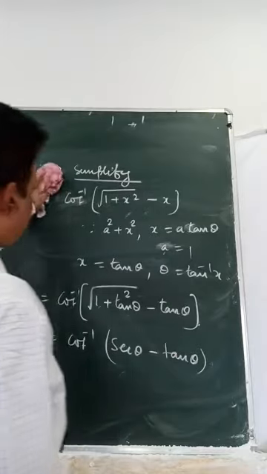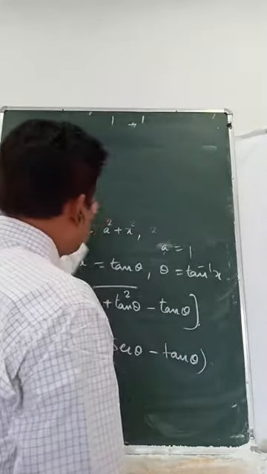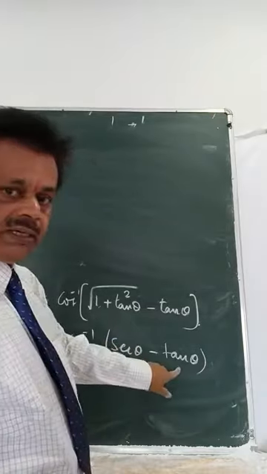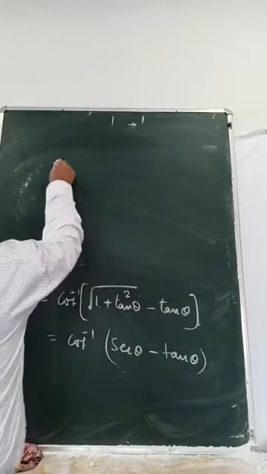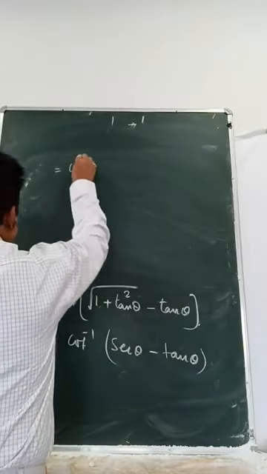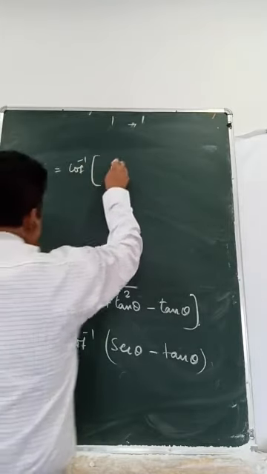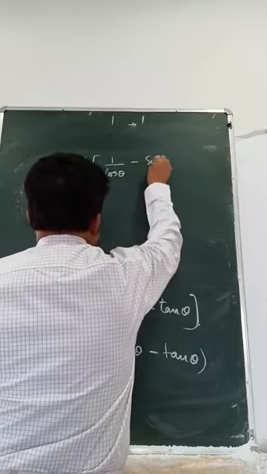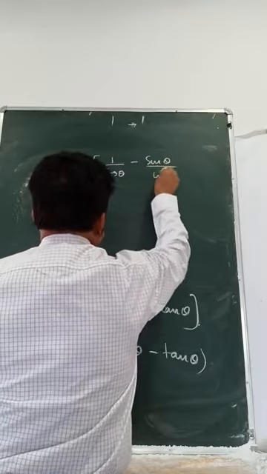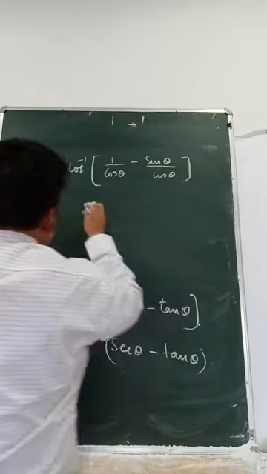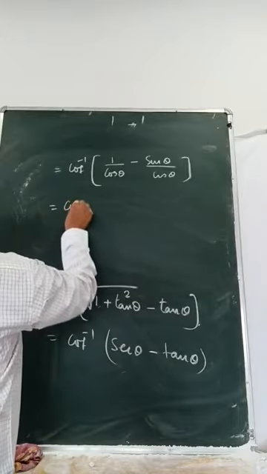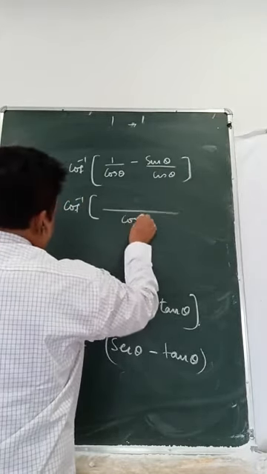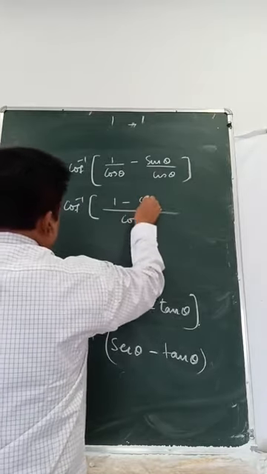What difficulty you find? Okay, let's write sin by cos because directly nothing is coming. So cot inverse of 1 by cos theta minus sin theta by cos theta. Okay, so cot inverse, if I take LCM as cos theta, then it is 1 minus sin theta.